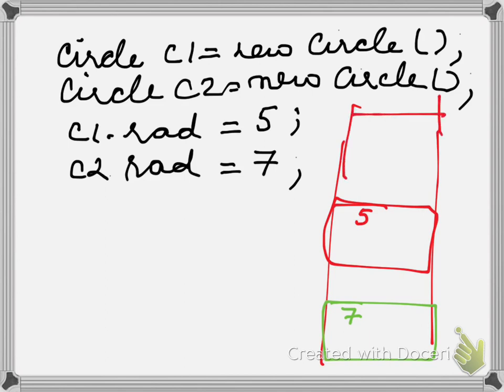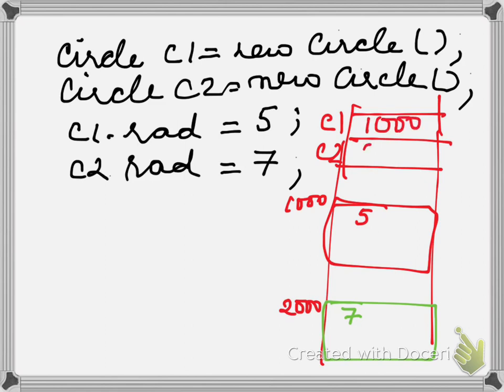Say C1 is here, C2 is here, and these are storing references to the two objects. Let's assume that the address of this object is 1000 and the address of this object is 2000. So C1 will contain 1000 and C2 will contain 2000. These are nothing but references to the actual objects.